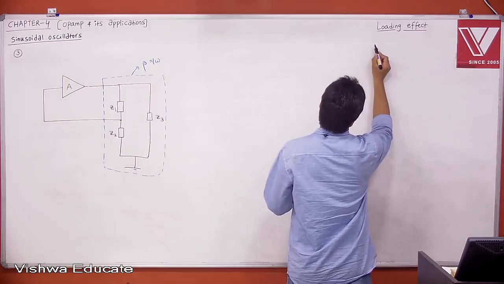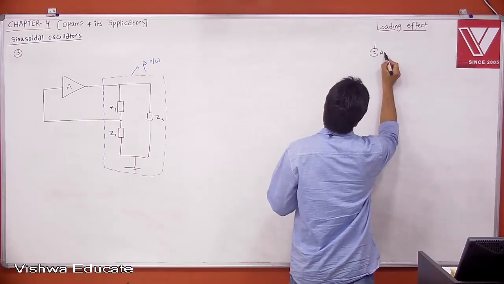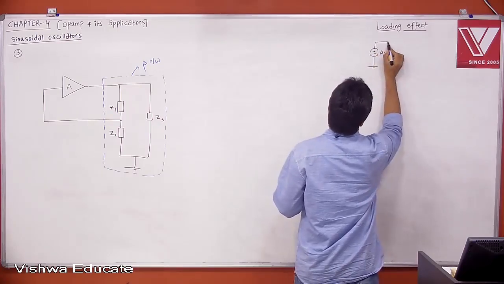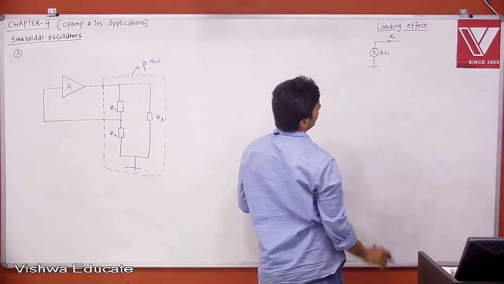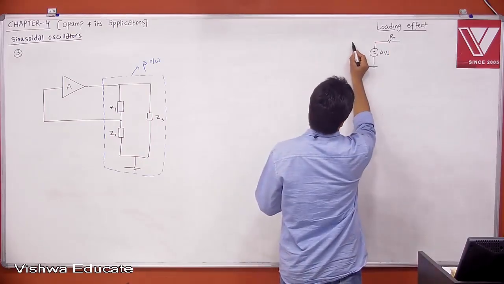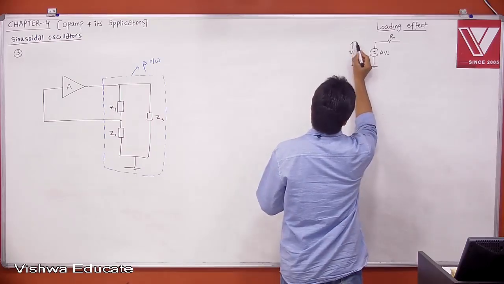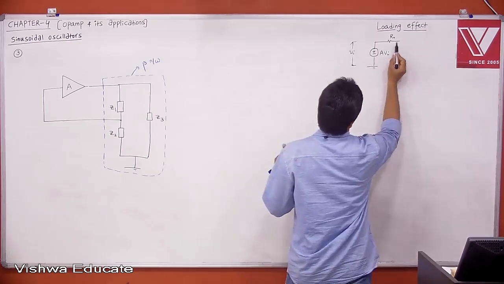Let us say this is my amplifier. Let us say this is A into Vi, and then this is your R0. It is a voltage source. What is Vi? Whatever input voltage you are giving here, this is your Vi, at the open input terminal. The input resistance is infinity, therefore this is your Vi. Then this is your op-amp.